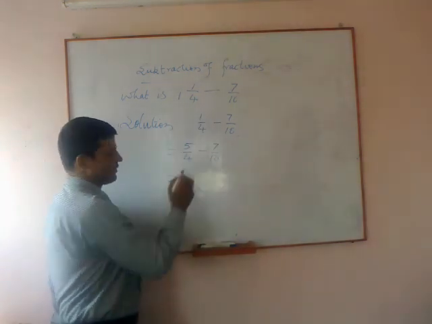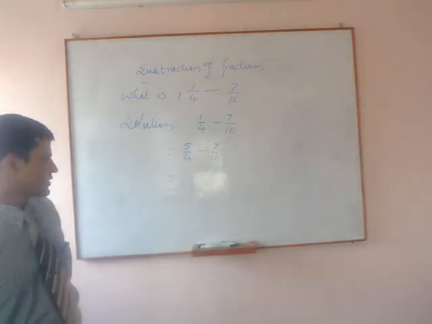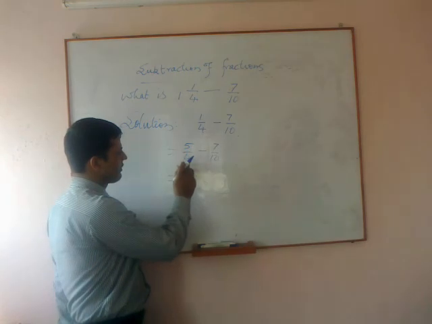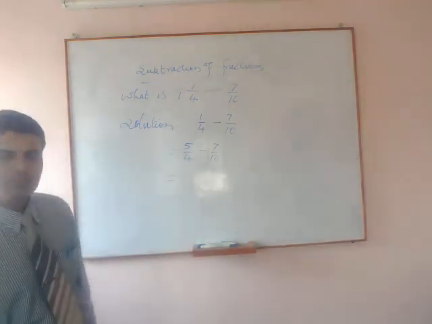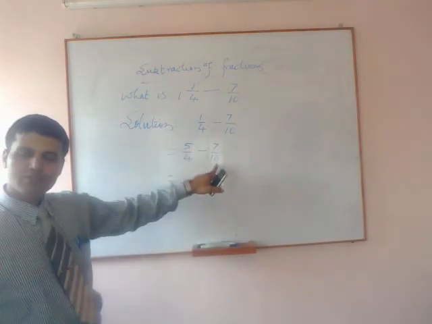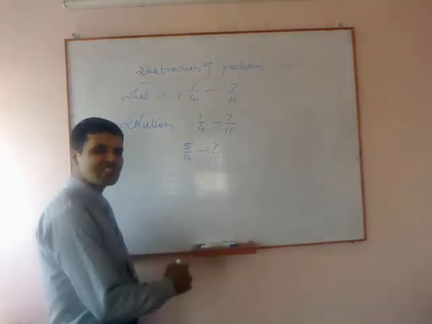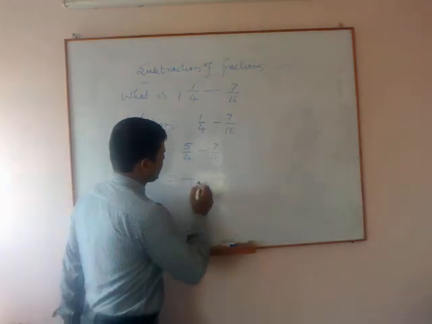Here the denominators are different. If denominators are different, we take the LCM of the denominators. LCM of 4 and 10. 10 times 2 is 20. 4 also can divide 20. So easily we can say the LCM is 20.